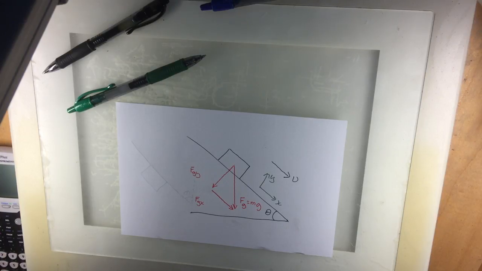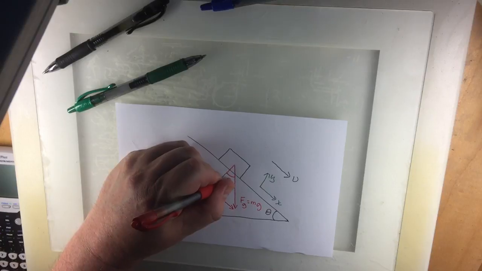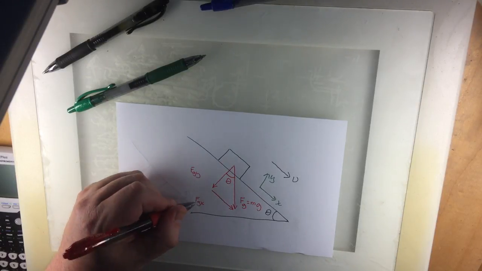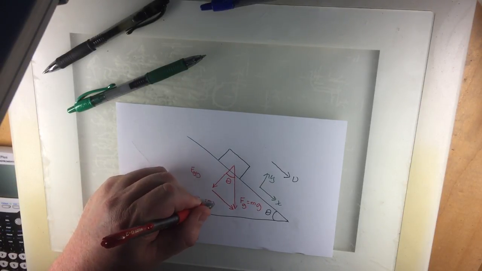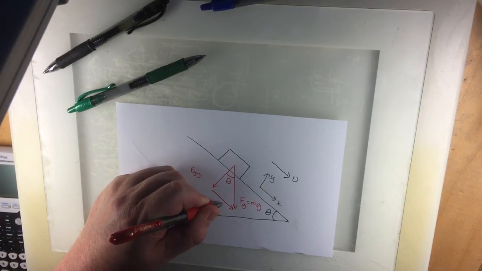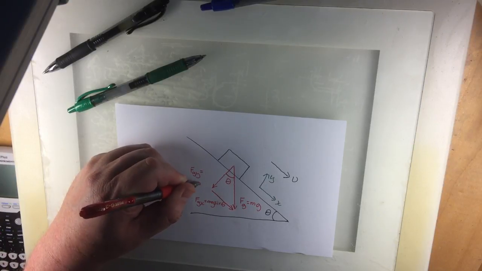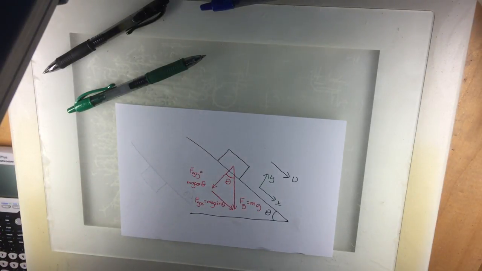There's an actual proof for this, but we're not going to be interested in the proof. But what I'm going to tell you is that that angle there numerically is the same angle right there. So those two have the same value. And if those two have the same value, then this could be shown as mg sine theta, and then this is mg cos theta. And so that determines the cosine and sine.